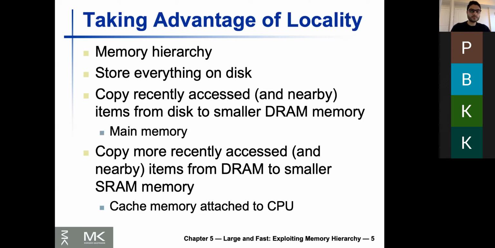So if we are trying to adapt a system that takes advantage of both spatial and temporal locality, we need to find a way to store less frequently accessed things on disk, and make recently accessed ones nearby.